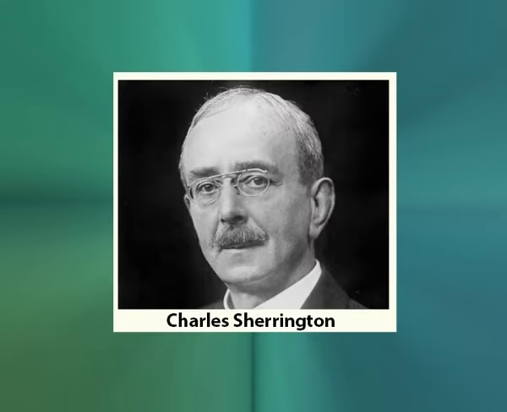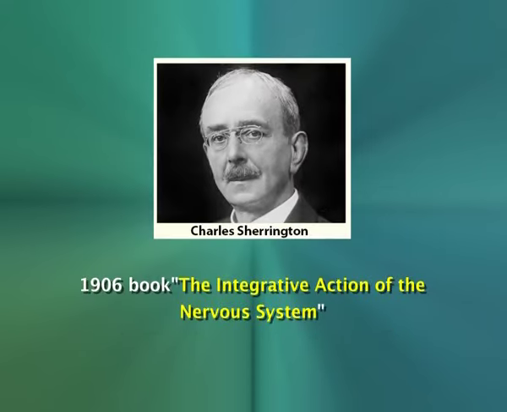Charles Sherrington, in his influential 1906 book, The Integrative Actions of the Nervous System, developed the concept of stimulus response mechanism in much more detail, and behaviorism, the school of thought that dominated psychology through the middle of the 20th century, attempted to explain every aspect of human behavior in stimulus-response terms.